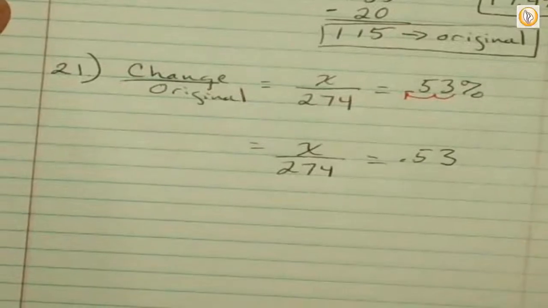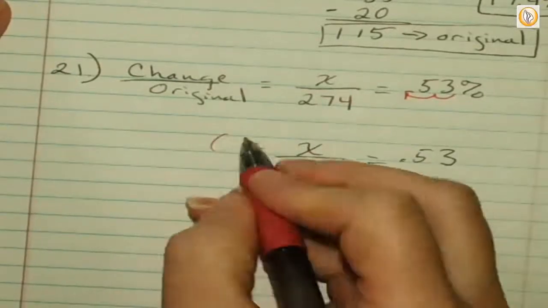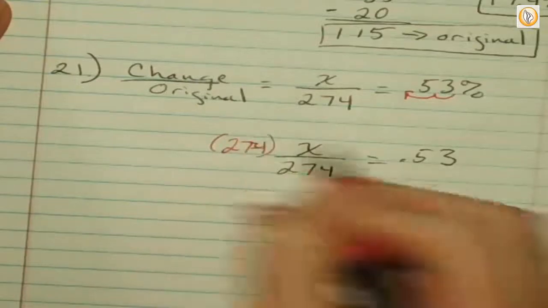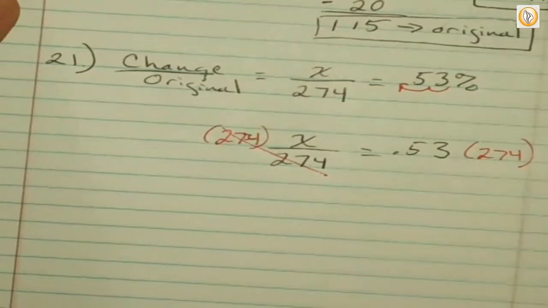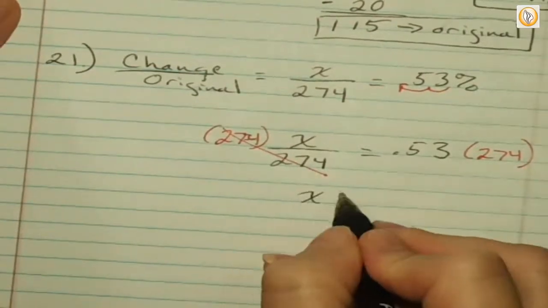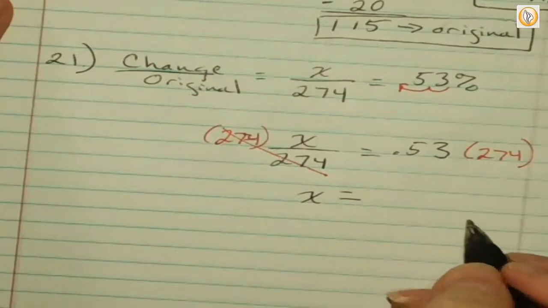And we can multiply both sides by 274. These cancel out. I'm left with x equals, anyone know it yet?